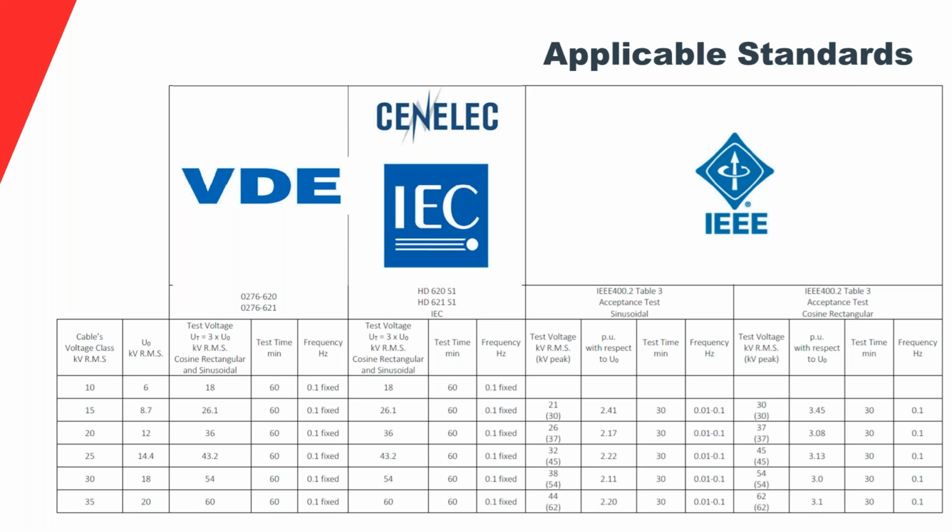You have 60 hertz applied operating voltage. Let's say you have a 25 kV cable, operating voltage is 14.4 RMS, and the cable sits there and sits there and sits there. Over time, with the 3 ingredients, AC voltage, moisture, and time, these water trees will slowly form.